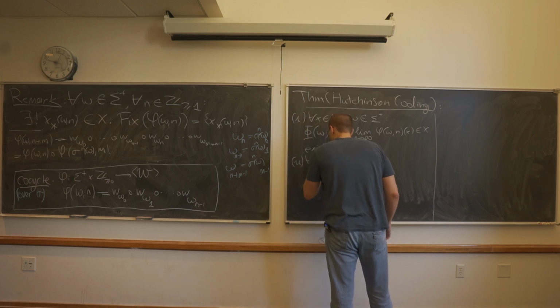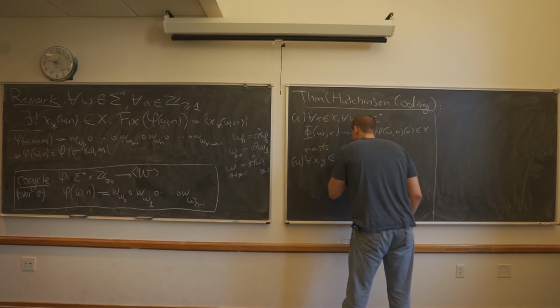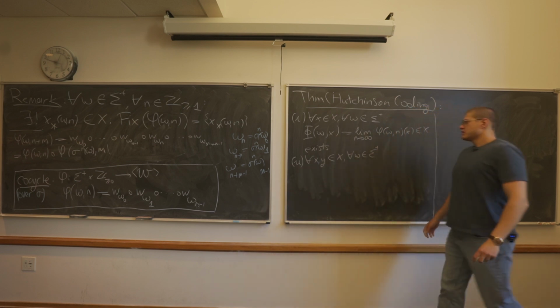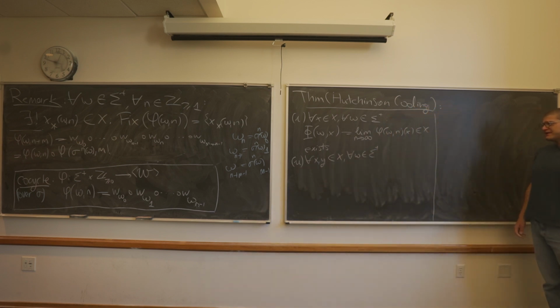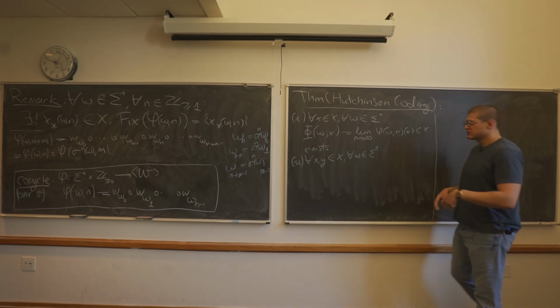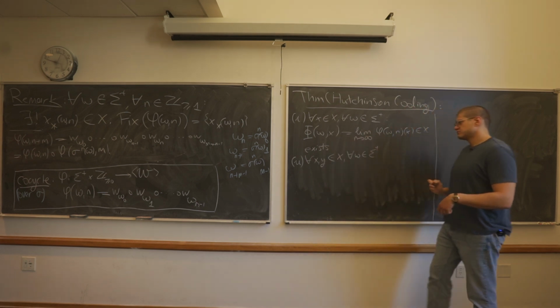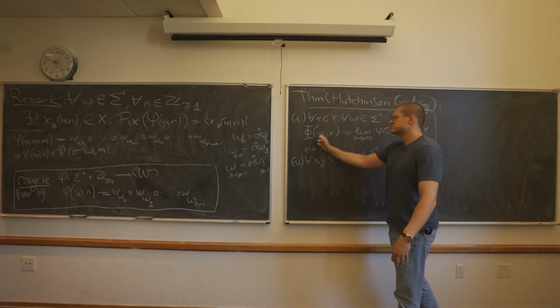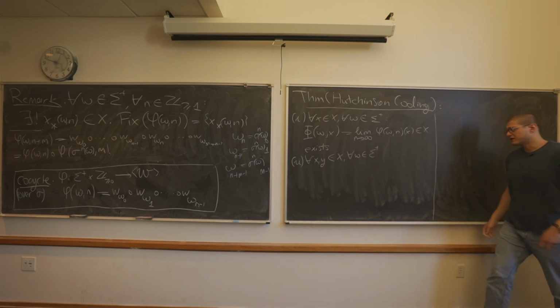For any x and y in X, and for any omega, phi of omega comma x equals phi of omega comma y. So I'm fixing the sequence, I'm changing the base points or initial conditions. That gives me the same limit. In which case, I might as well just drop this from the notation and just write it as capital phi of omega.